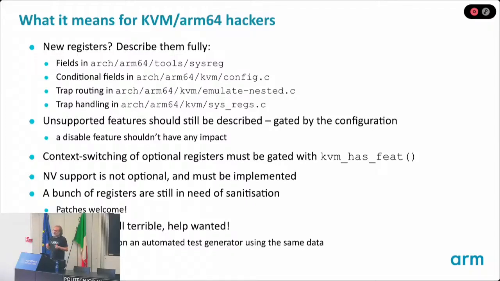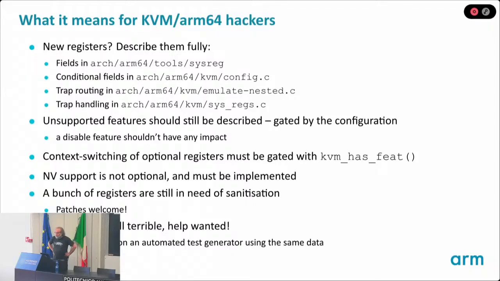If you have to check for features, we have this predicate, kvm_has_feat, dump a feature name, and it will do the right thing. Nested support is now not optional anymore. If you come up with a new architectural feature, please add support for nested. We don't want nested to lag behind other things.